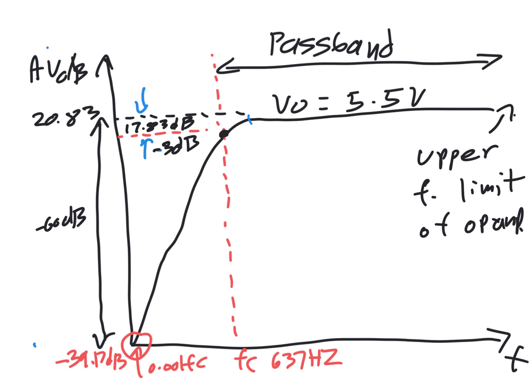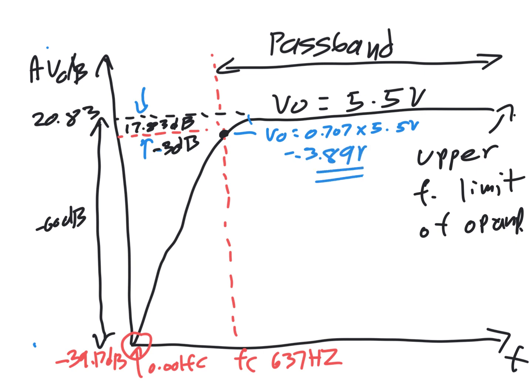And also at FC, VO equals 0.707, so 70.7% of the passband voltage. That would be 3.89 volts.